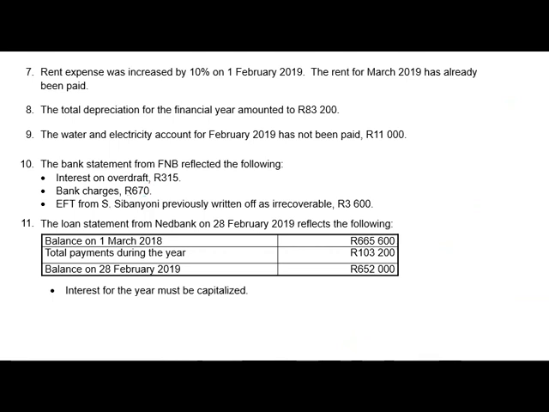Now you're going to have to do that calculation where you have the opening balance, which is 562,600. Then you minus their payments, which will be 103,200.